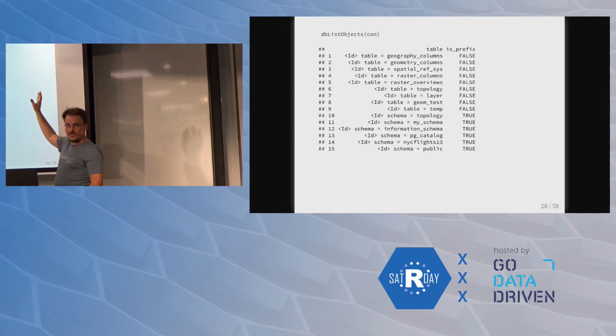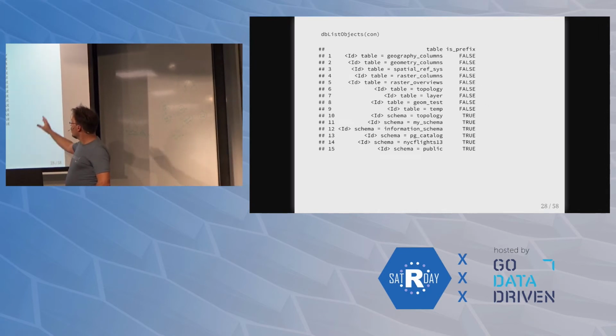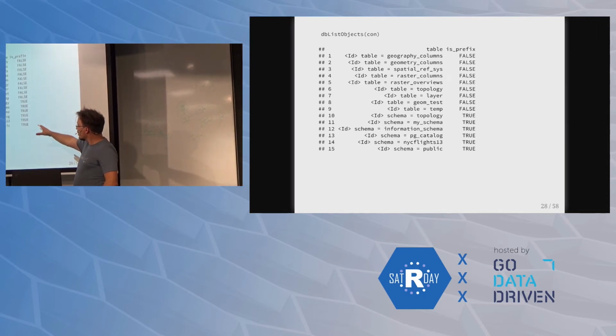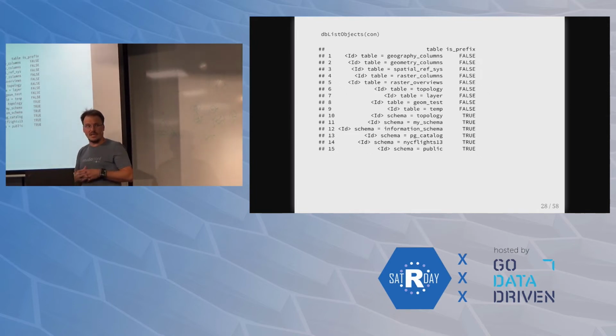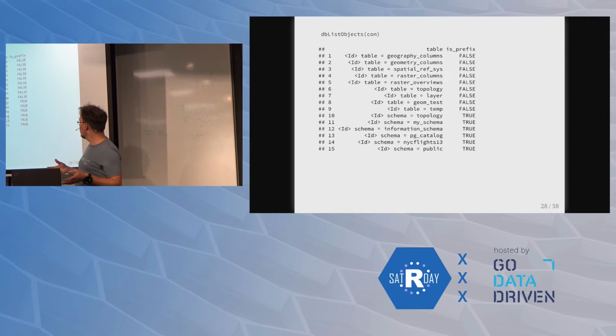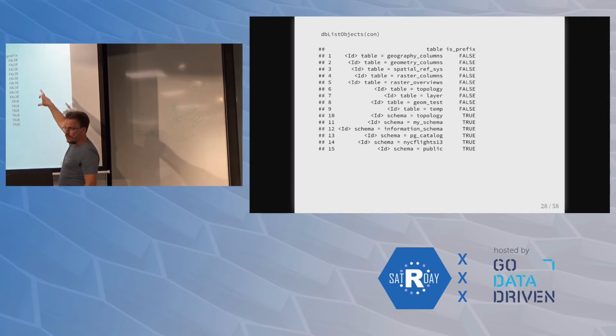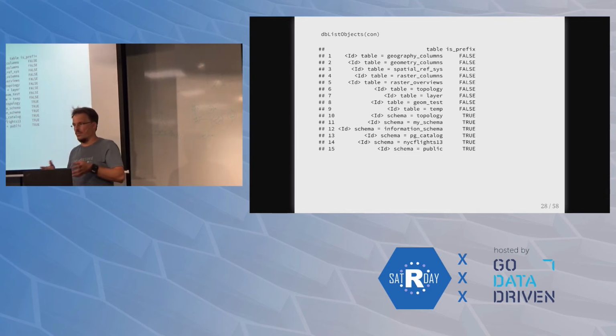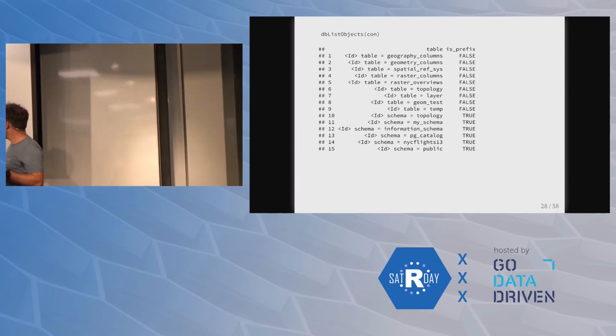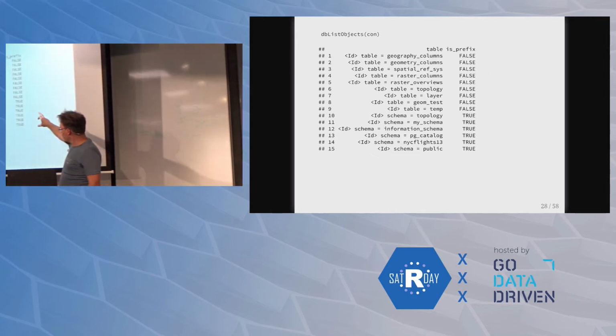So this returns a 2-column data frame. The one column is the ID. So for the first 9 rows, we see the same results as with dbListTables. They are top-level tables. Is prefix false means there's nothing more. So the remaining rows are actually schemas.